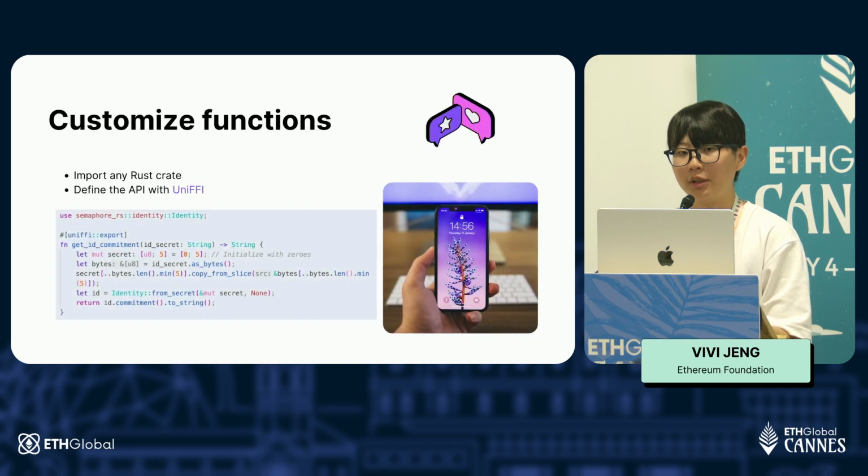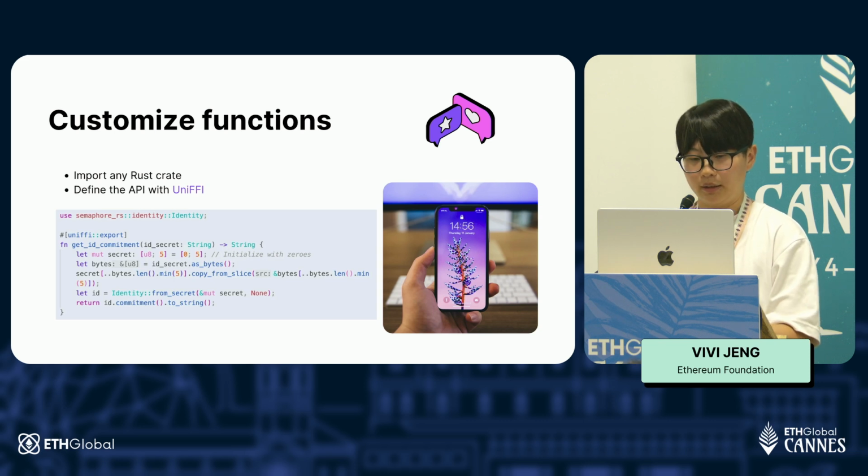And if you want to customize more functions, for example, generate proof is not enough for your application and you want to use semaphore-rs to generate a Semaphore identity, you can just import a Rust crate, for example semaphore-rs, and use the semaphore-rs identity in the Rust code, and use the UniFFI export macro to export the function to your iOS and Android app.